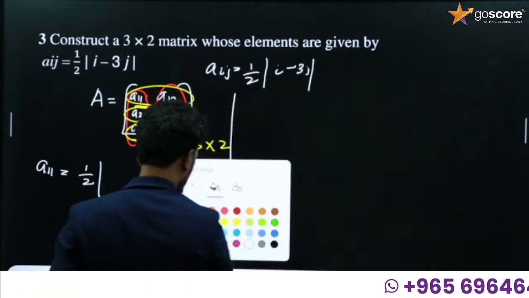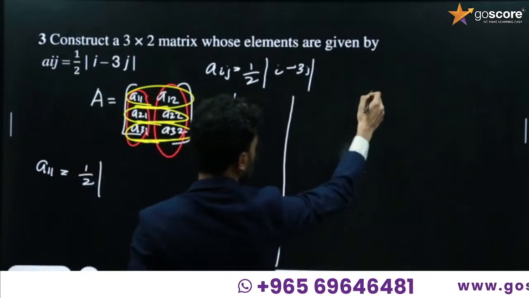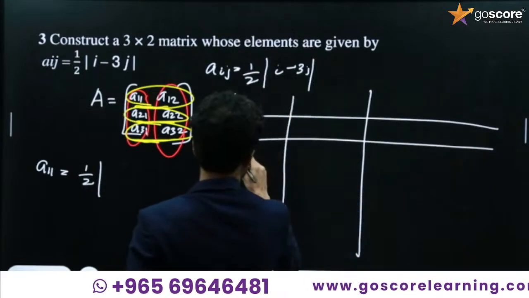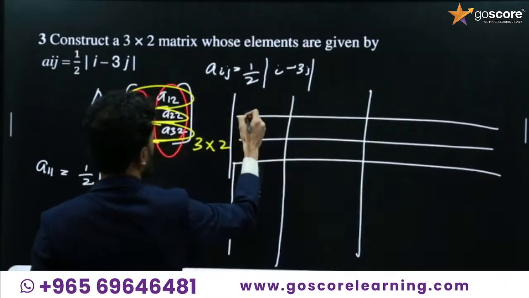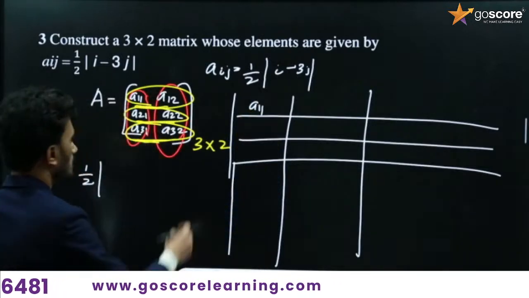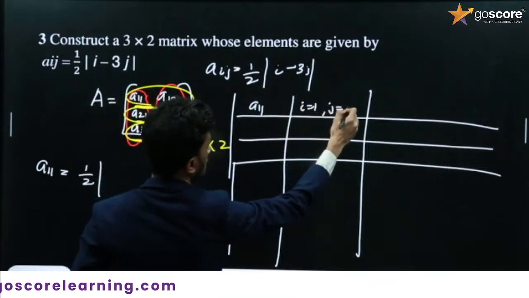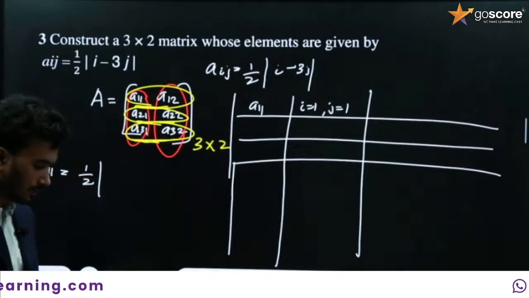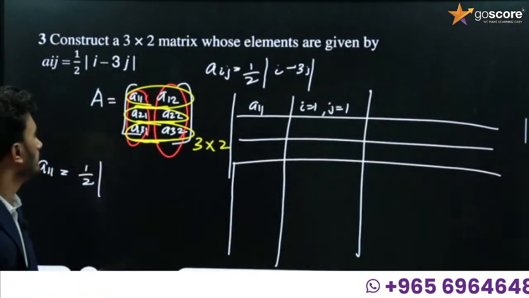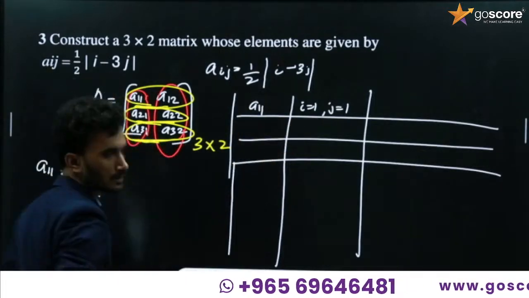Here you can see I is equal to 1 and J is equal to 1. So just substitute I and J in this, and you will get the answer.